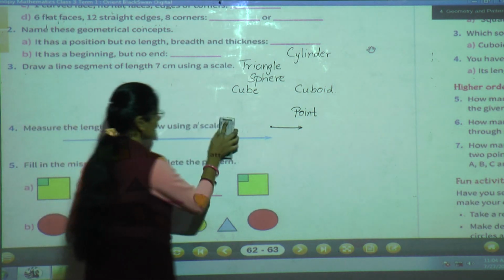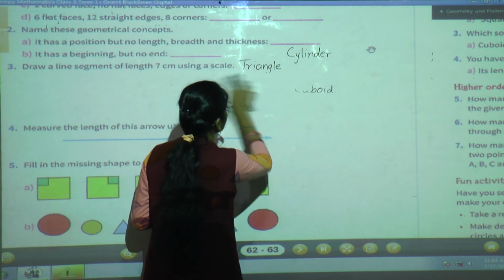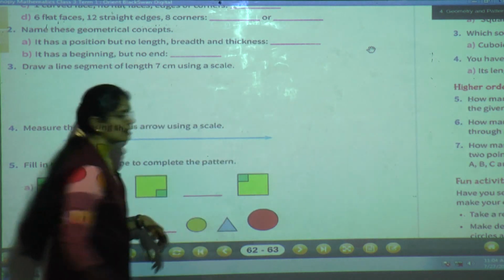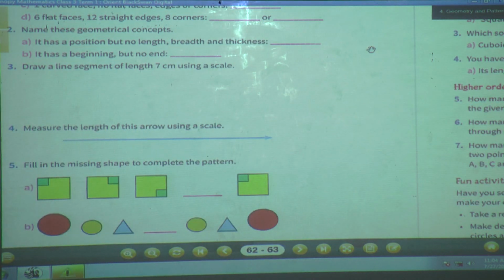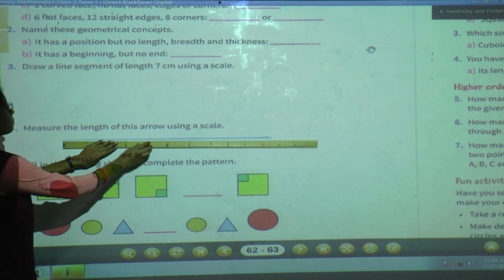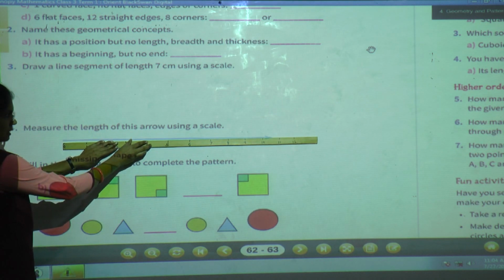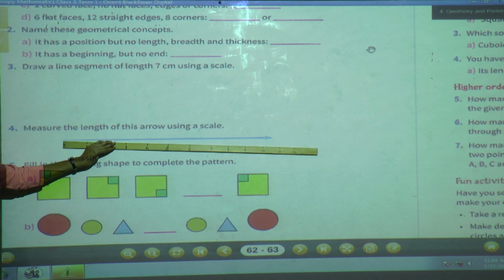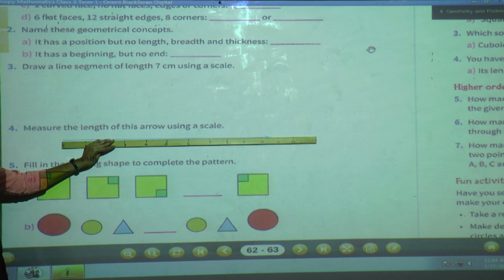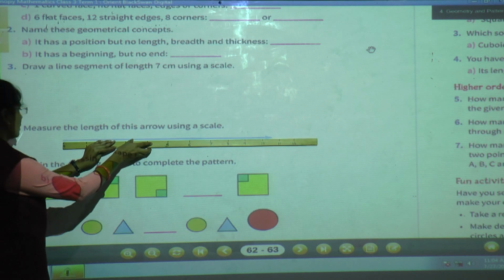You also take a scale and keep it on that arrow, hold it properly. Now see students, the first end should be on the 0. Always keep this in your mind, the first end should be on the 0 mark.